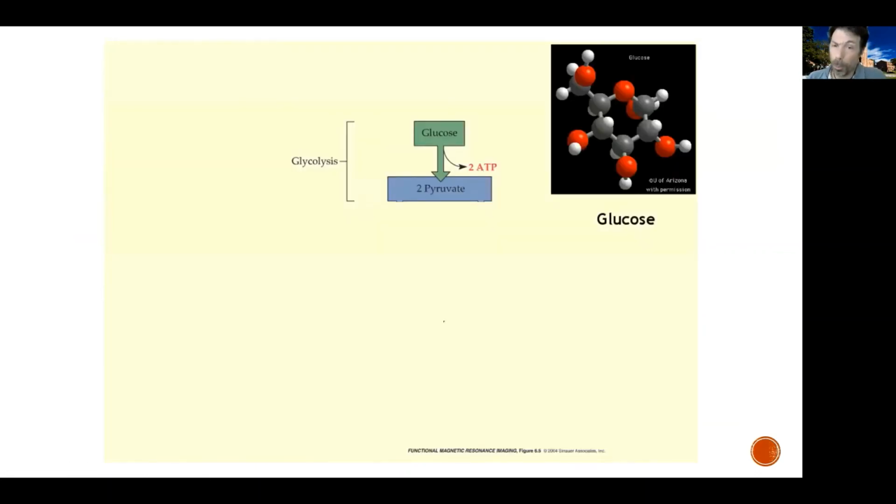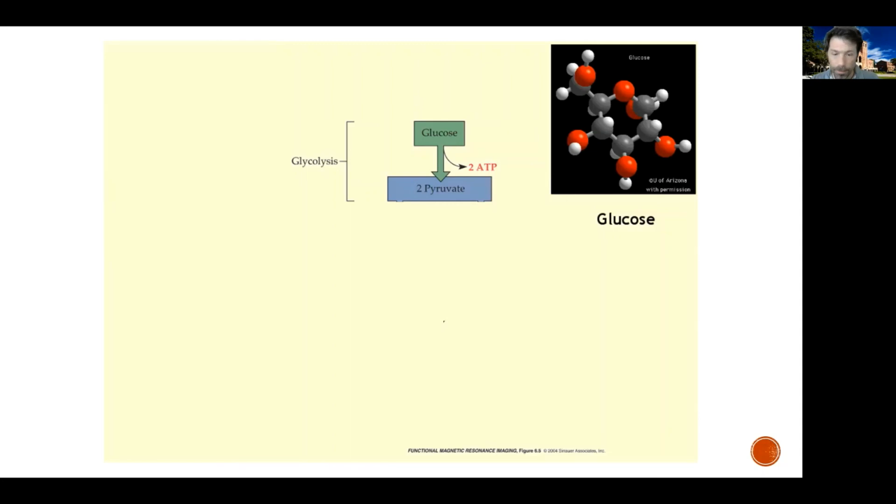So how is energy produced in the human brain? Well, there mainly are two pathways, two mechanisms to produce ATP. One is known as glycolysis, and this happens in the cytoplasm. And the idea is that glucose can be turned into two molecules of ATP. And on top of that, as an additional byproduct of this reaction, two molecules of pyruvate will also be created.